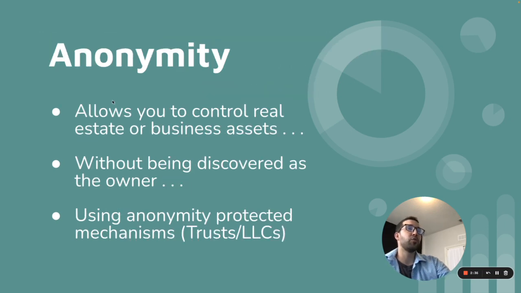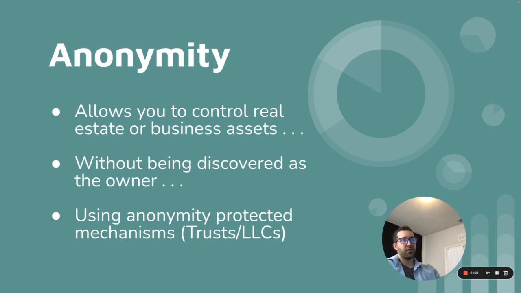So if we're moving on, we'll start with anonymity and what exactly I mean by that. It allows you to control your real estate or your business assets through a trust, a revocable trust, or a land trust, which allows you to exclude your name from personal records.